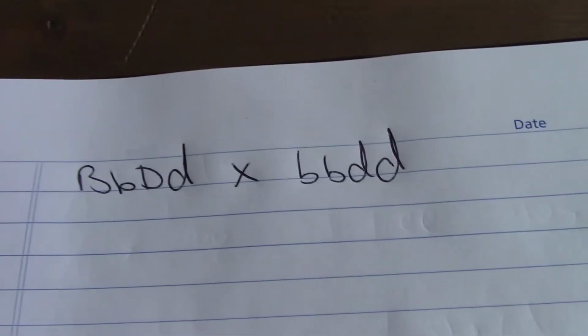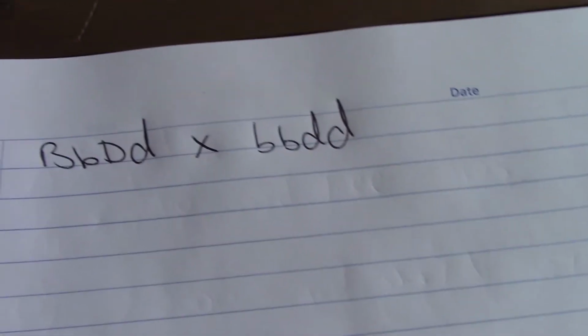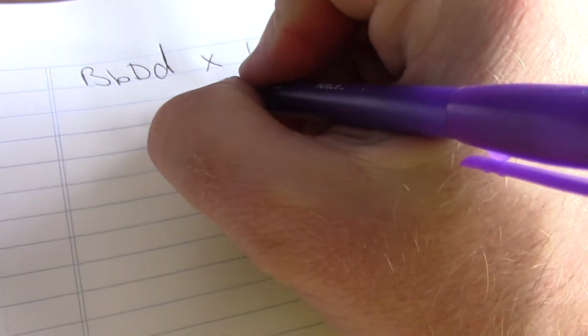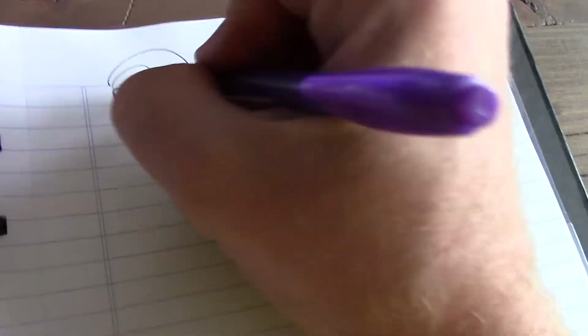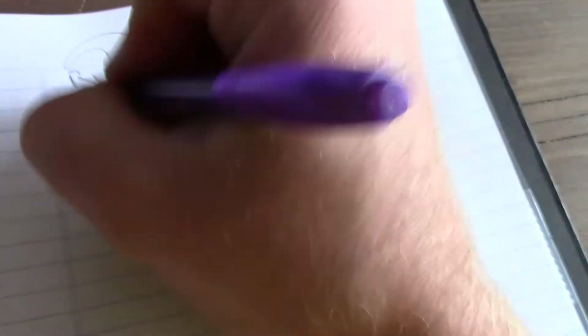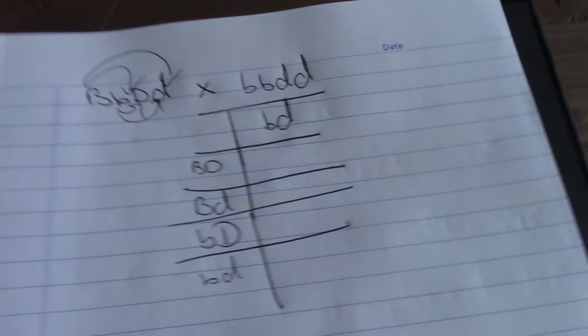So we're going to put these together and see what the phenotypic ratios are going to be. So you have BD, right? And then I'm going to get big B, big D, big B, little b, big D, and little b, little d. Okay? So what do we make?